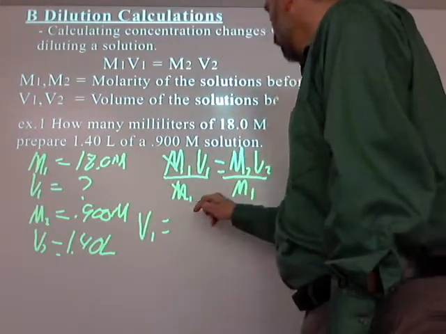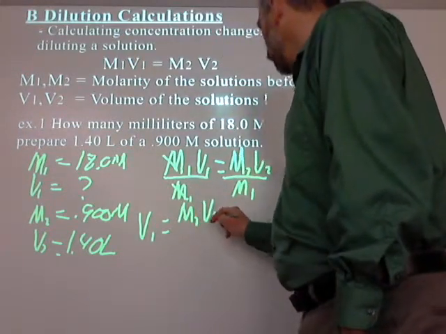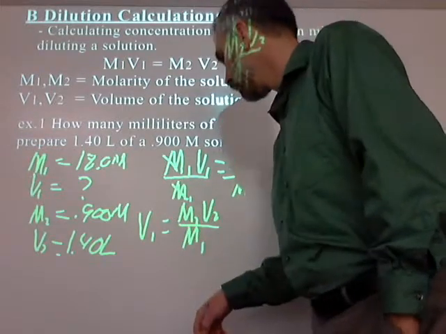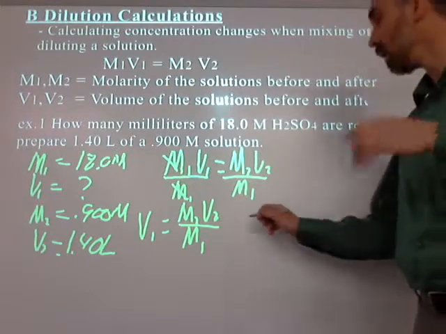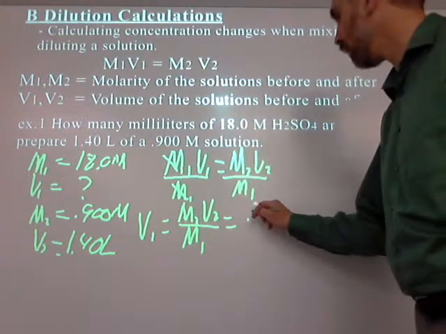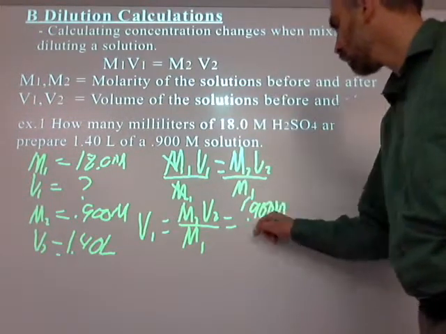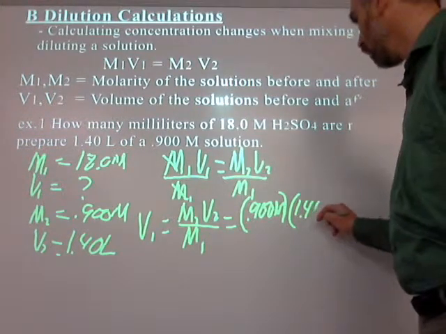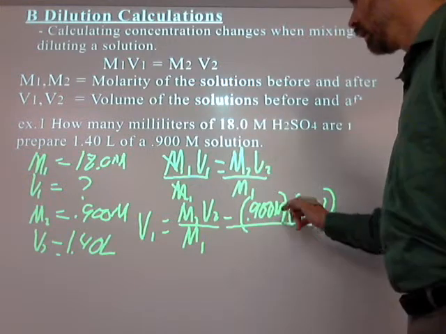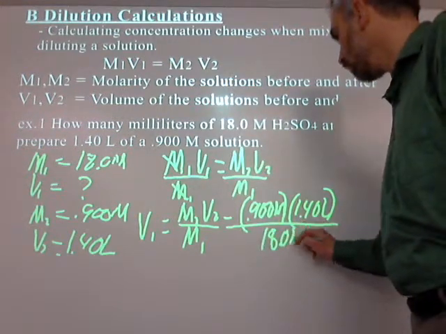V1 is going to equal M2 V2 over M1. M2 is 0.900 molar, V2 is 1.40 liters, and M1 is 18.0 molar.